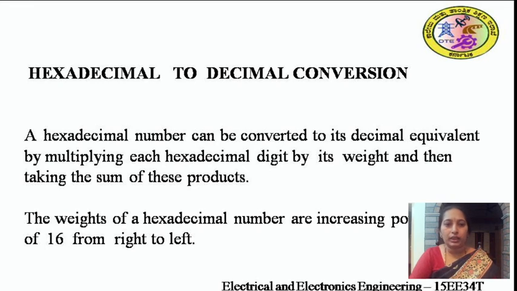The next conversion is hexadecimal to decimal conversion. How can we do this? A hexadecimal number can be converted into its decimal equivalent by multiplying each hexadecimal digit by its weight and then taking the sum of these products. The weights of a hexadecimal number are increasing powers of 16, starting from right to left.